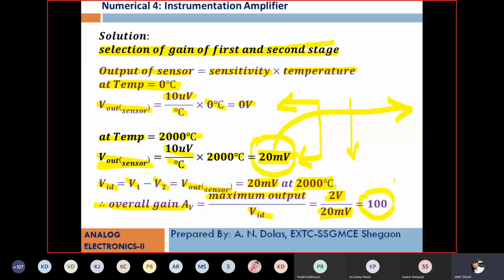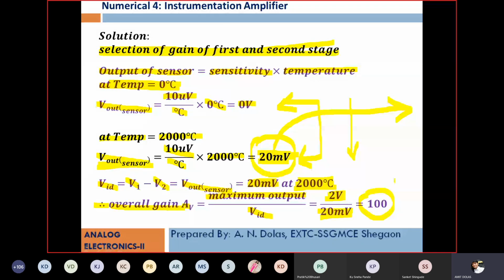For this, you have the formula AV is equal to R2 by R1 into 1 plus twice R dash upon R. Now here 100 is a much larger number, so you can choose R2 by R1 equal to 2 or any value, say 5. You may choose 1 also, no worry about that.